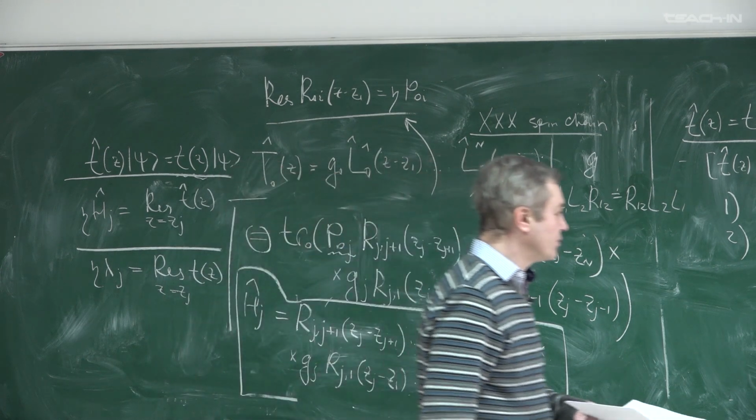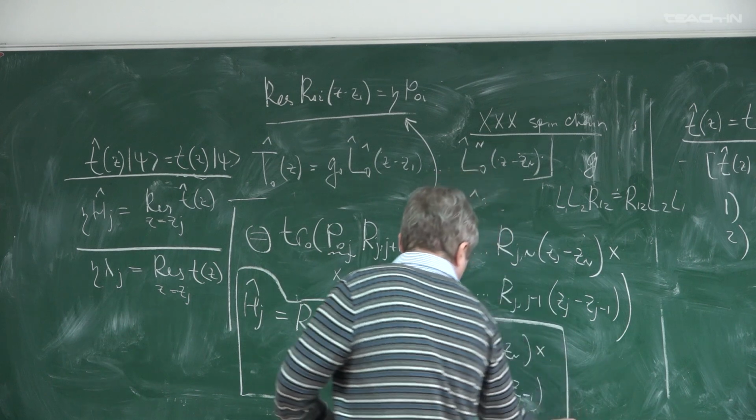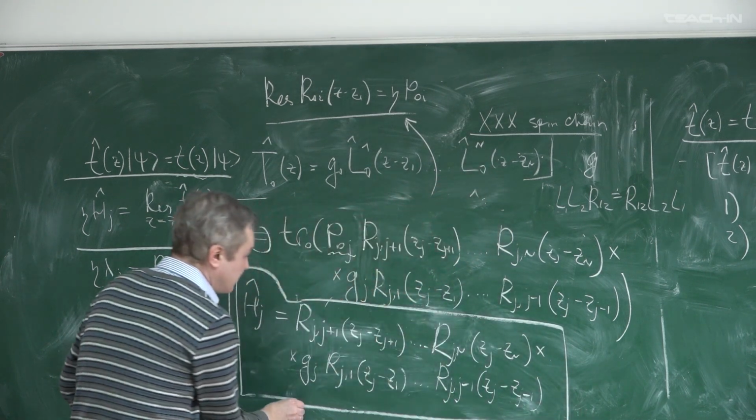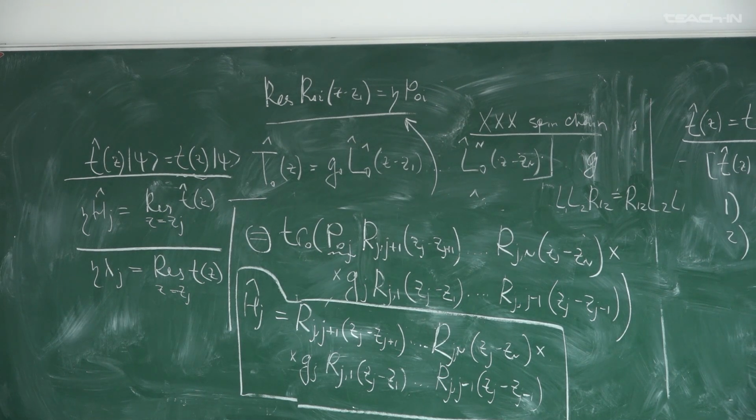The same structure of operators exists, for example, in the so-called quantum Knizhnik-Zamolodchikov equation, which we maybe will discuss a little later. It's maybe not so simple to look at it on the blackboard, but if you do it in your paper, you will see how it works.